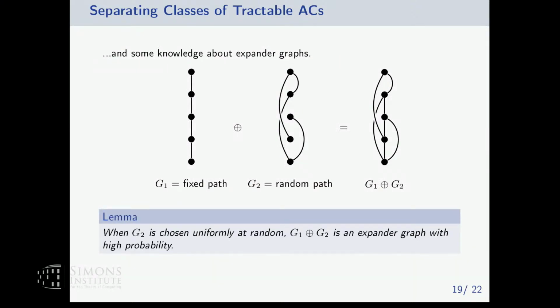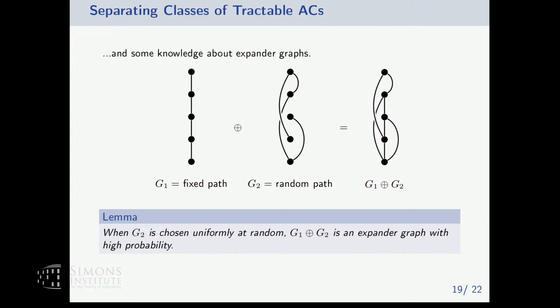And in addition to this, I will need some knowledge about expander graphs, and I will need the following thing. We're going to look at a graph over n vertices, made in a particular way. I'm going to take a fixed path on the vertices first, just a straight line, and that will be graph G1. And G2 will be just a random path on the vertices.